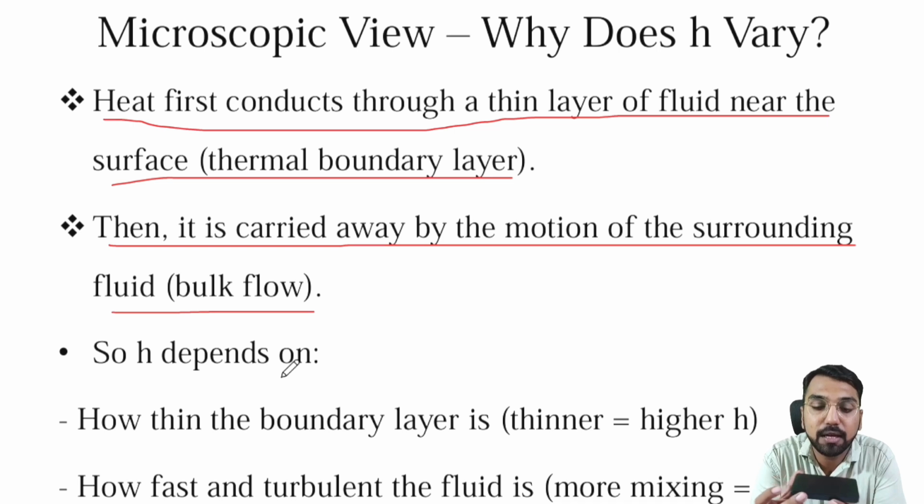Again, let's consider this plate as a hot plate. Let's say this is the first layer of fluid molecules touching the hot plate. When this thin layer of fluid touches the hot plate, the layer where the first conduction or first absorption of heat takes place is called the thermal boundary layer.